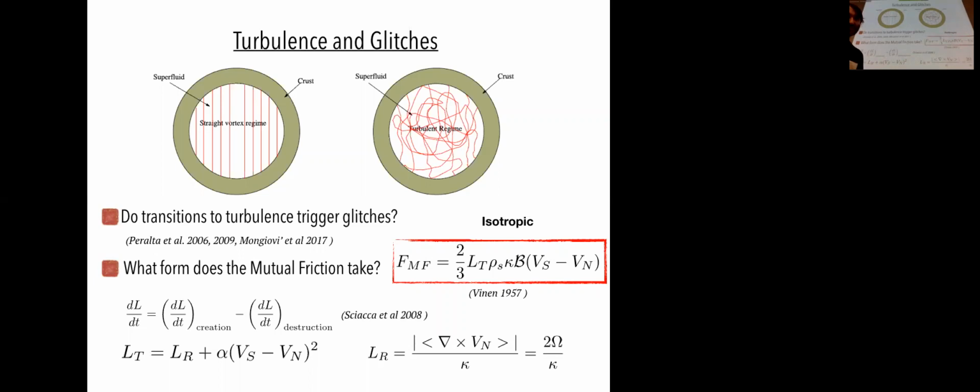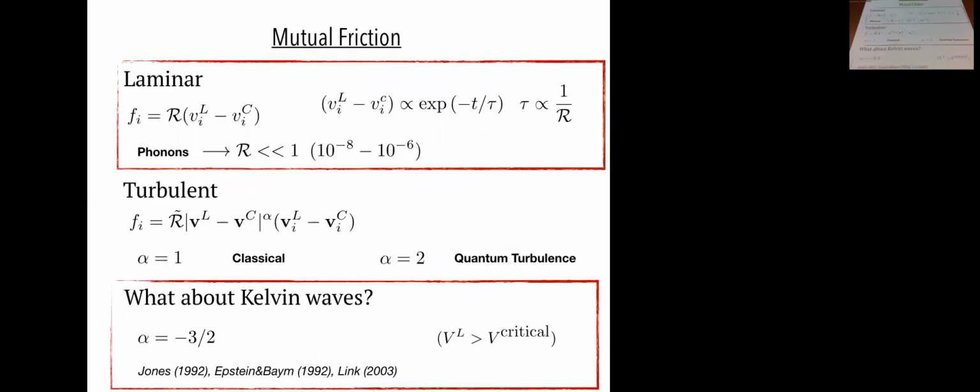Of course, this makes a difference, because if we take the standard laminar form, so we take this linear drag, and solve our equations, you end up with an exponential, so you have a nice coupling timescale that you can work with. And in the crust, if you just consider phonons, the lattice, this will be very weak. But then when you change the form, you stop having an exponential, you end up with a power law.